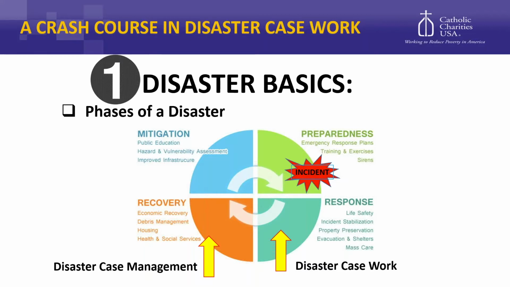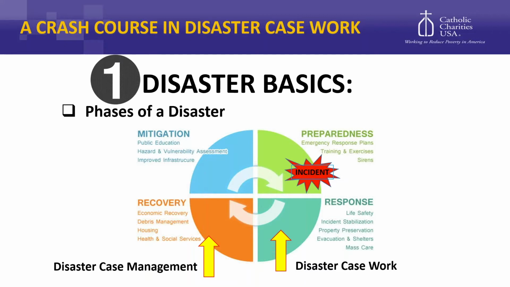If you look down in the teal box, that is the response phase. So that is where life and safety are first and foremost. It's where the situation is being stabilized. There's preservation of property. People are being evacuated and put into shelters, and that is where mass care takes place. And it's also in that phase where disaster casework comes in.